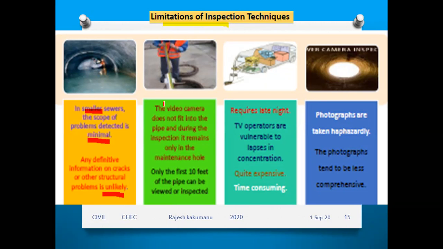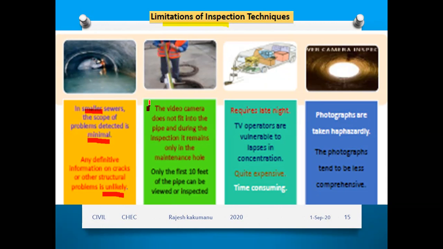Next, what is he doing here? The person is standing, opens the lid of the manhole and inserts a big stick inside the manhole, with a video camera attached to the stick. Here the video camera does not fit into the pipe, and during the inspection it remains only in the maintenance hole.